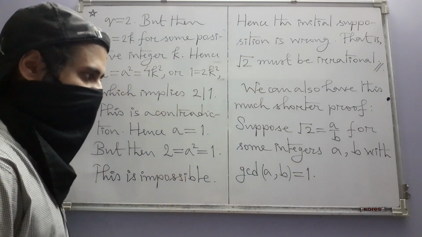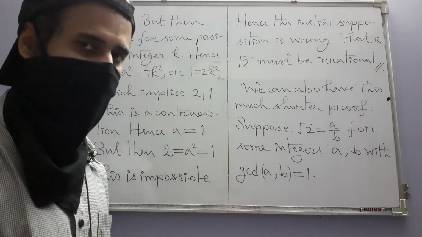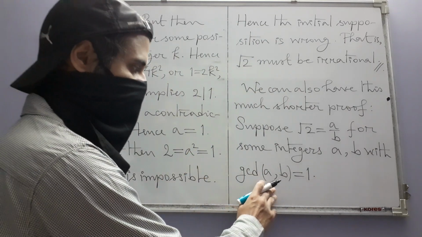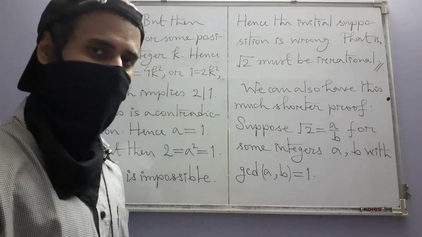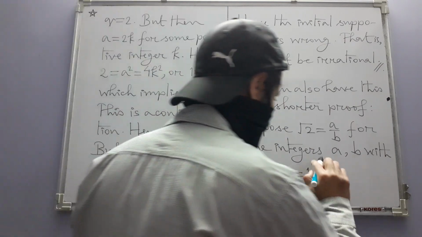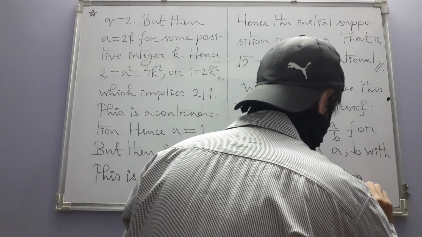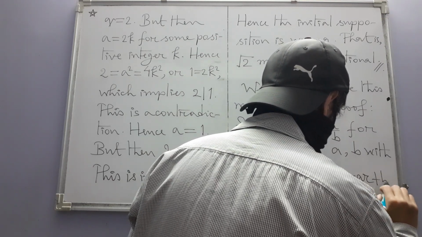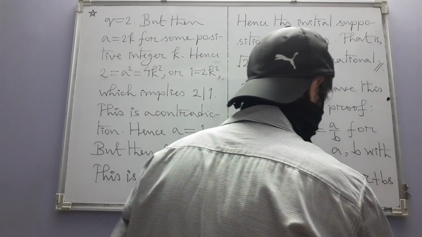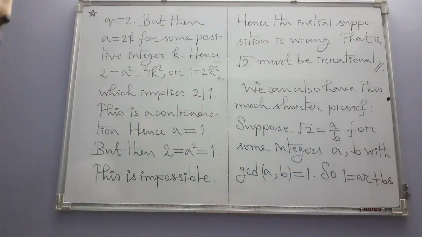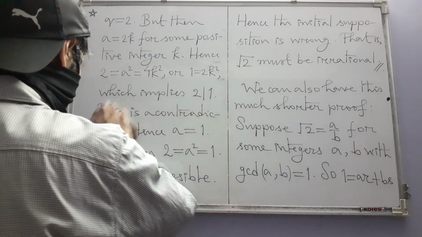But then we know that when two integers are relatively prime, an integer combination of them is equal to 1. So 1 is equal to ar plus bs for some integers r and s.